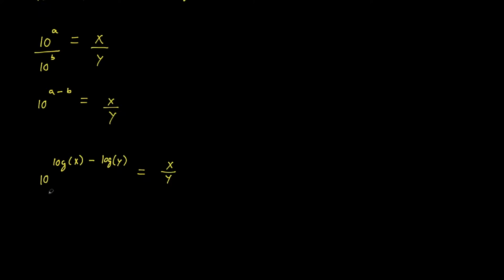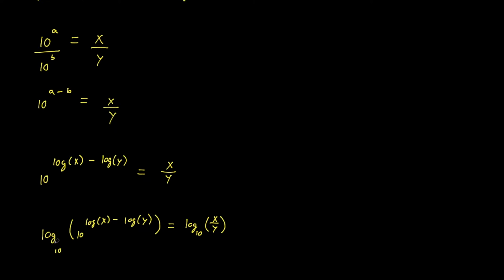So if we take the logarithm of both sides of this equation, base 10 logarithm, we have log base 10 of 10 to the log x minus log y, and that equals log base 10 of x over y.